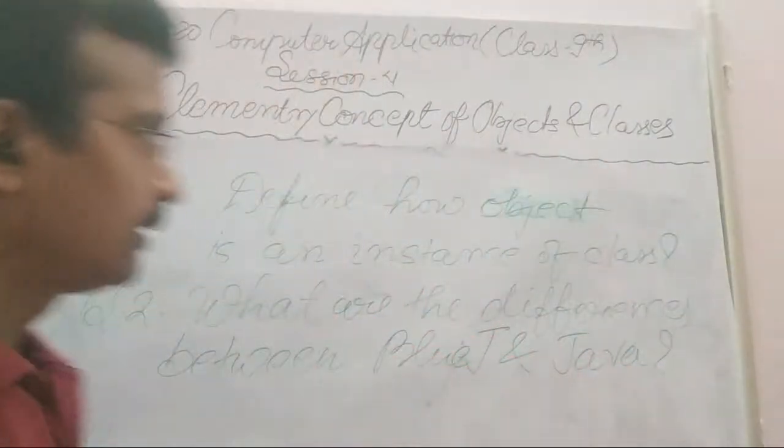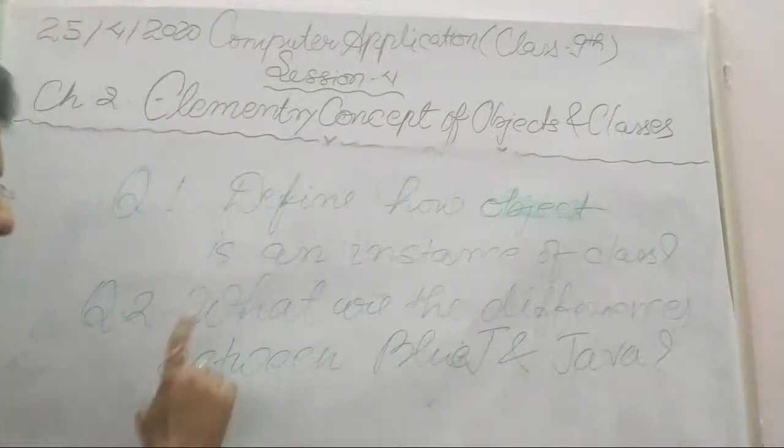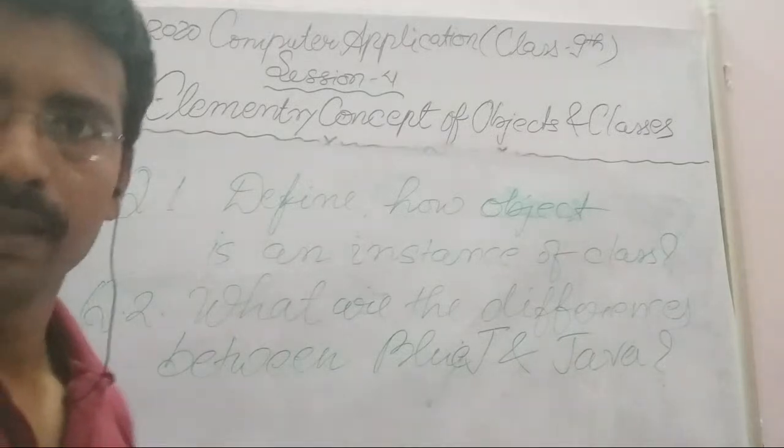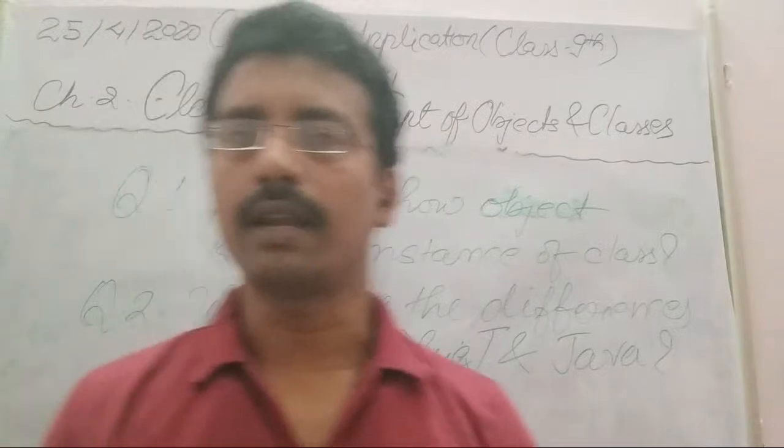So the first question is to define how an object is an instance of a class, and the second is the differences between BlueJ and Java. Please define in your own terms, as simply as you can write.